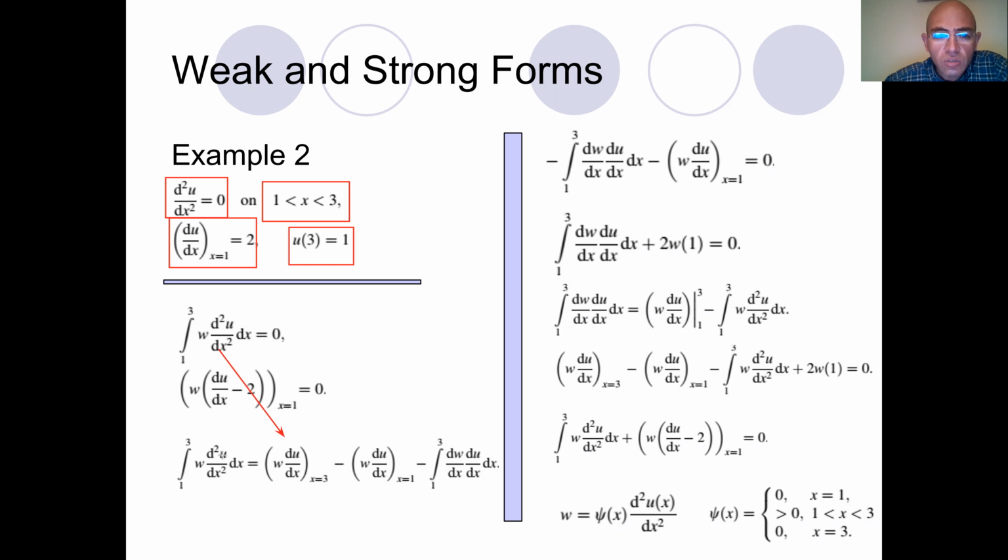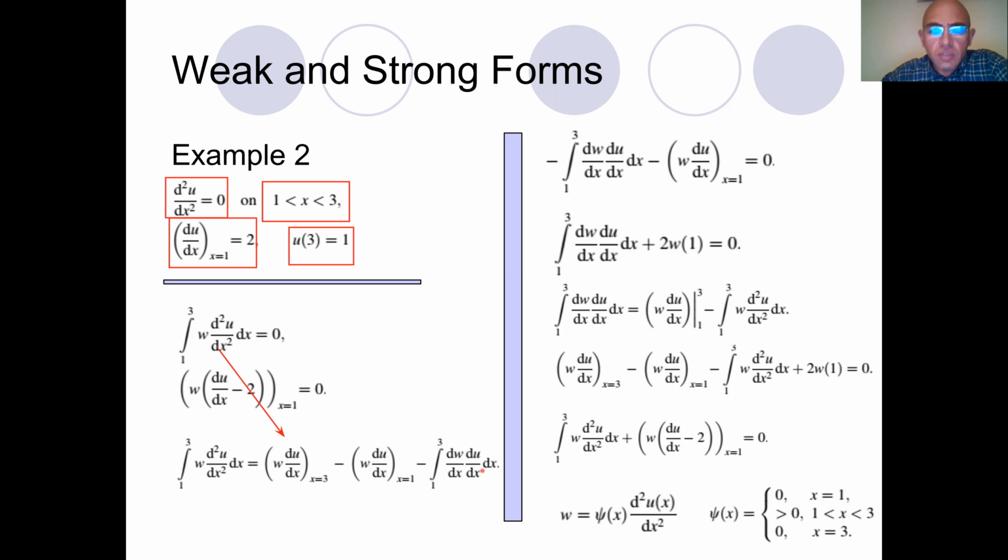It is the integral of w d²u/dx² equal to w du/dx at x equal to 3 minus w du/dx at x equal to 1 minus the integral from 1 to 3 of dw/dx du/dx dx, as you see. So once more, the integration of w d²u/dx² is equal to w du/dx at x equal to 3 minus w du/dx at x equal to 1 minus the integral from 1 to 3 of dw/dx du/dx dx.